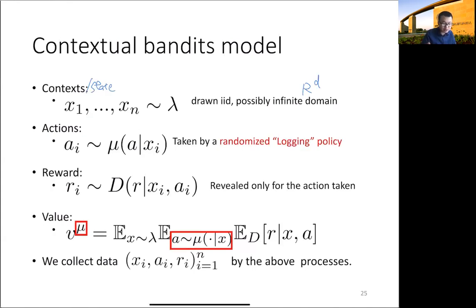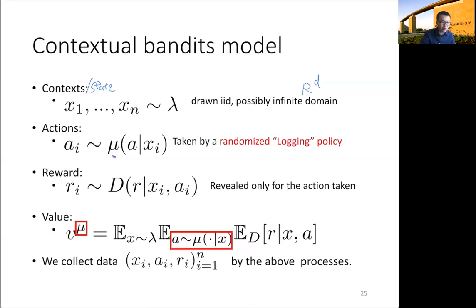are, let's say, a discrete set. It doesn't have to be discrete, but if it is, then this is a discrete probability distribution given X. Your logging policy samples this action by drawing from some conditional distribution mu of the action given the context.